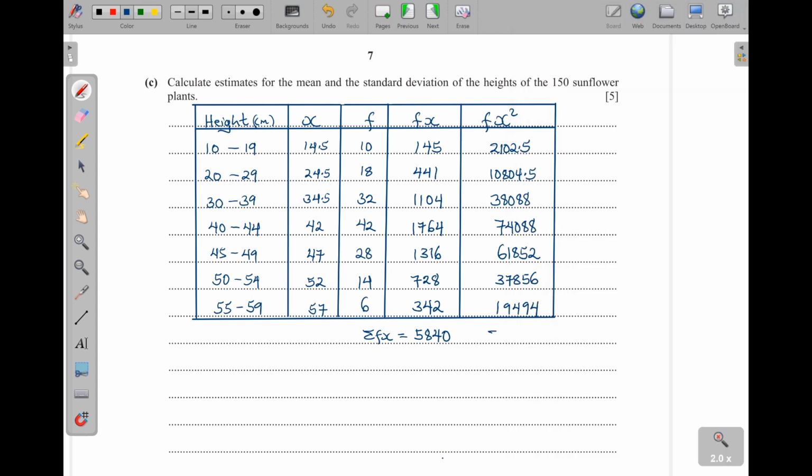Then when we sum up all of these ones here, what do we get?